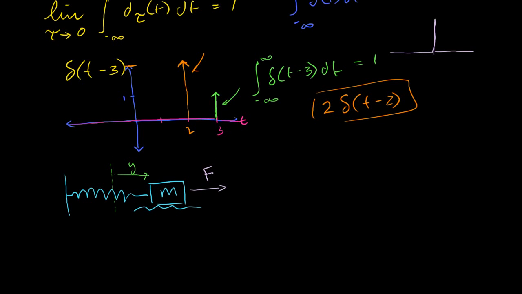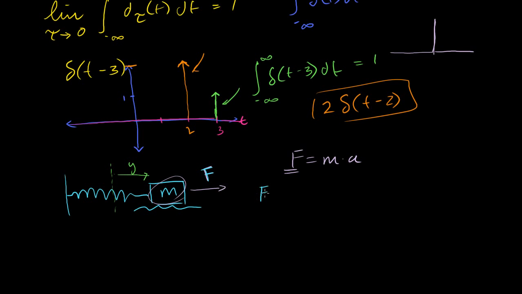And actually, things like the unit step function and the Dirac delta function start to become useful in this type of environment. So we know that F is equal to mass times acceleration. That's the basic physics right there. Now, what are all of the forces on this mass? Well, you have this force right here, and we'll say this is in the positive rightward direction.